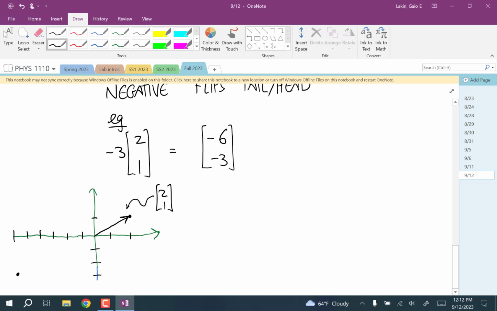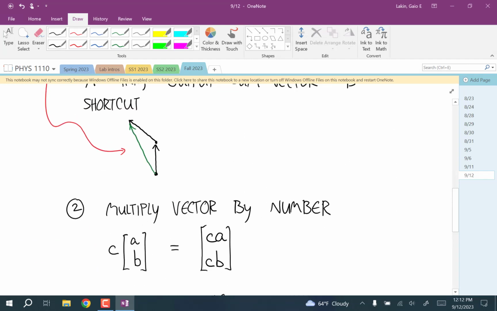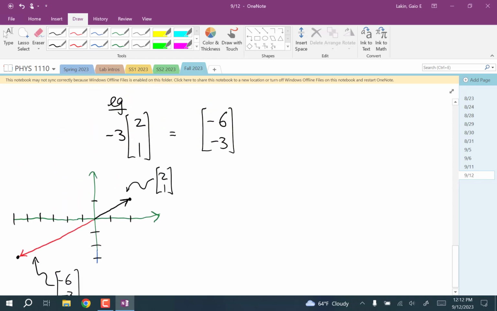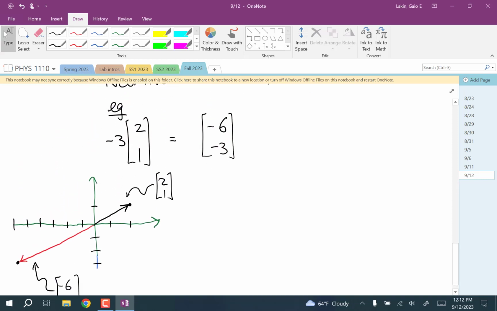Draw the vector that goes from the origin to that point. So that's -6, -3. And what happened is when we multiplied the black vector by -3, we got a vector that's 3 times as long in the exact opposite direction. Okay? Any questions about either of those yet?